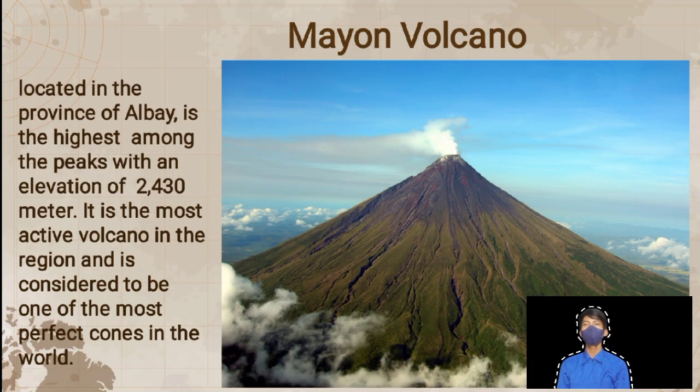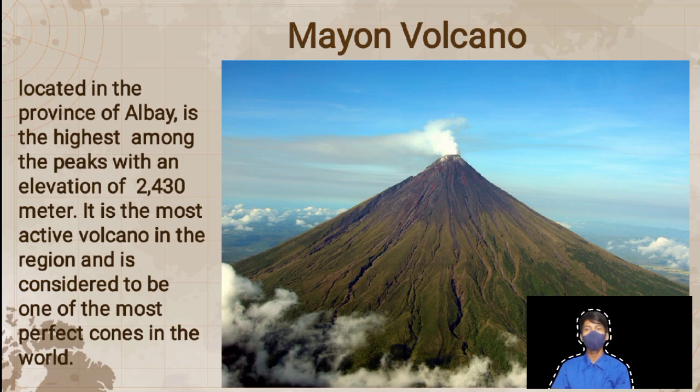Next is the Mayon Volcano. The Mayon Volcano is located in the province of Albay and is the highest among the peaks with an elevation of 2,430 meters. It is the most active volcano in the region and is considered to be one of the most perfect cones in the world.